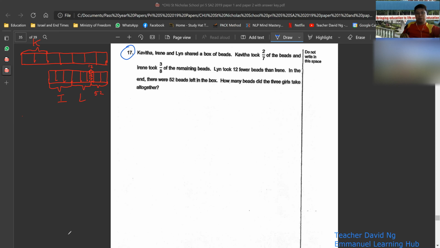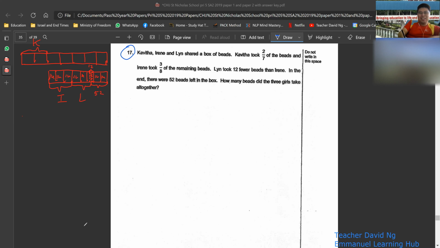Can you tell me from the model, what must you do to find 1 unit? Yes, 52 minus 12, then divide by 2.